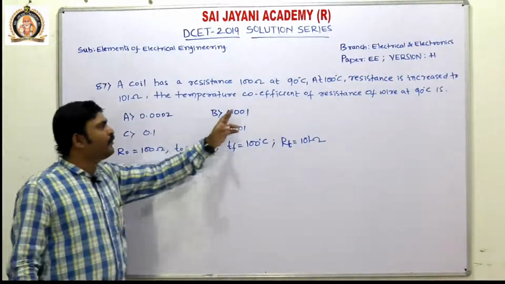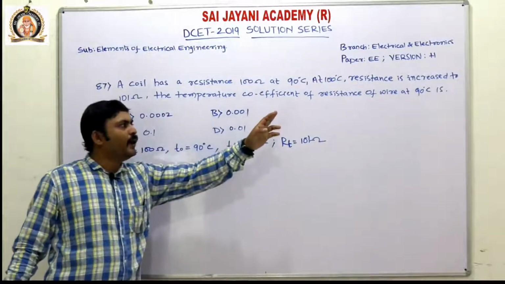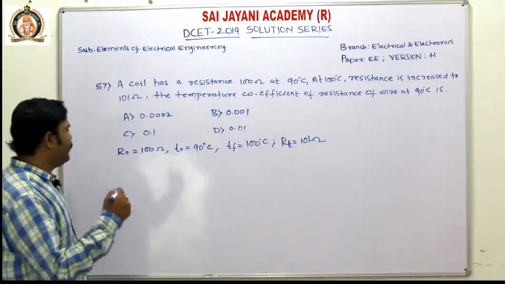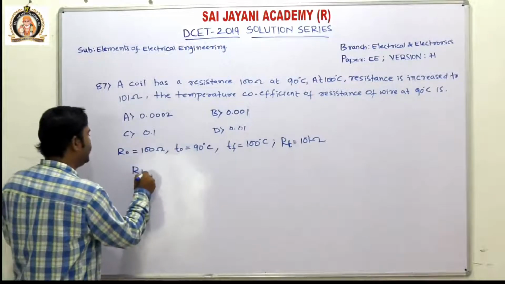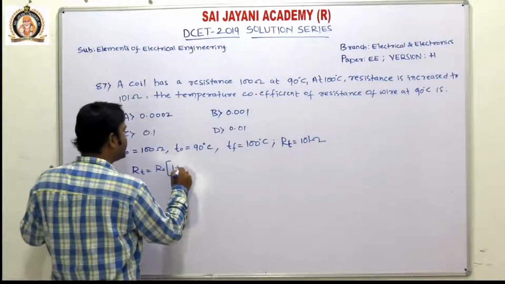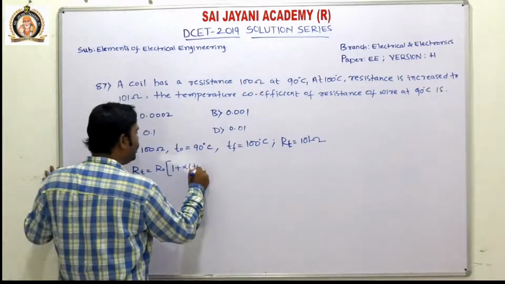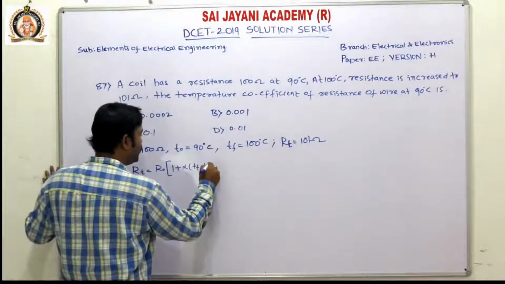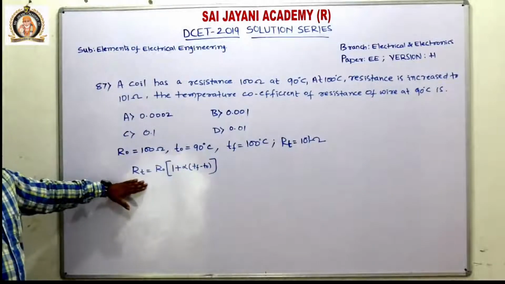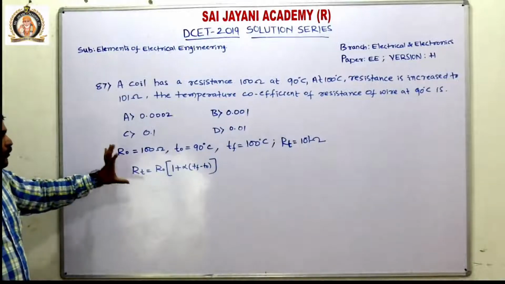The temperature coefficient of resistance of a wire at 90 degrees Celsius. So we have the formula RT equals R0 into 1 plus alpha of T final minus T initial. This is the equation for RT, the final resistance of the wire.